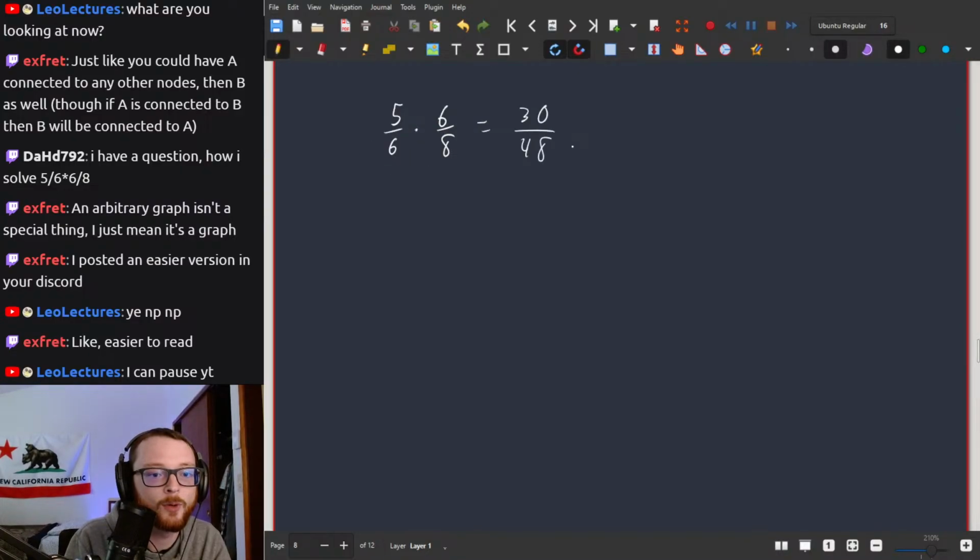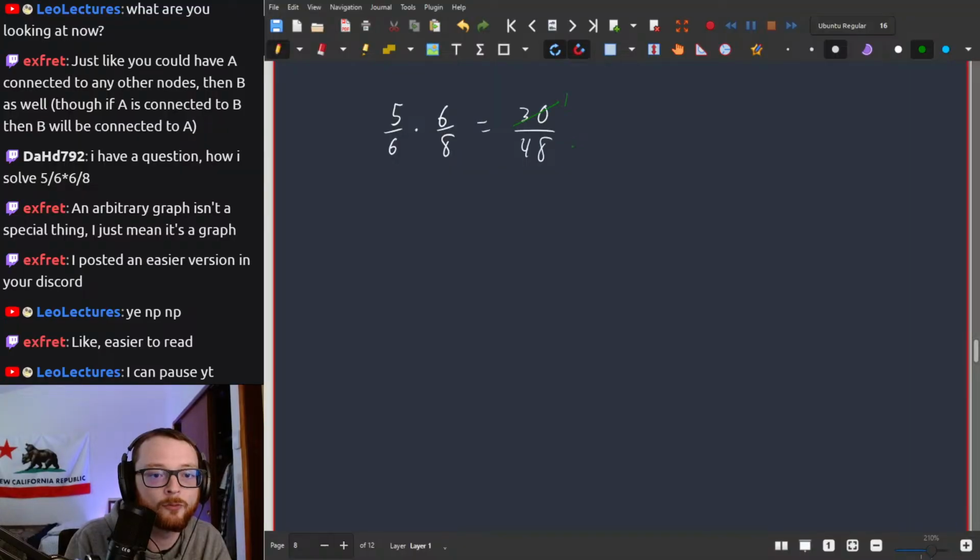And I'm going to show you an easier way of doing this in a second. They're usually going to want you to simplify this fraction, because these actually have common factors. 2 goes into both of these numbers, so we can divide each of these by 2.